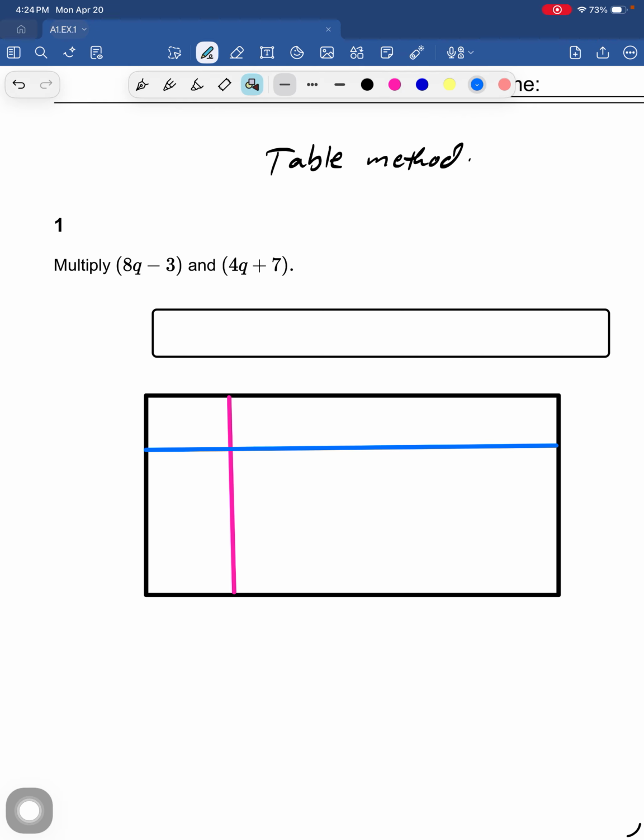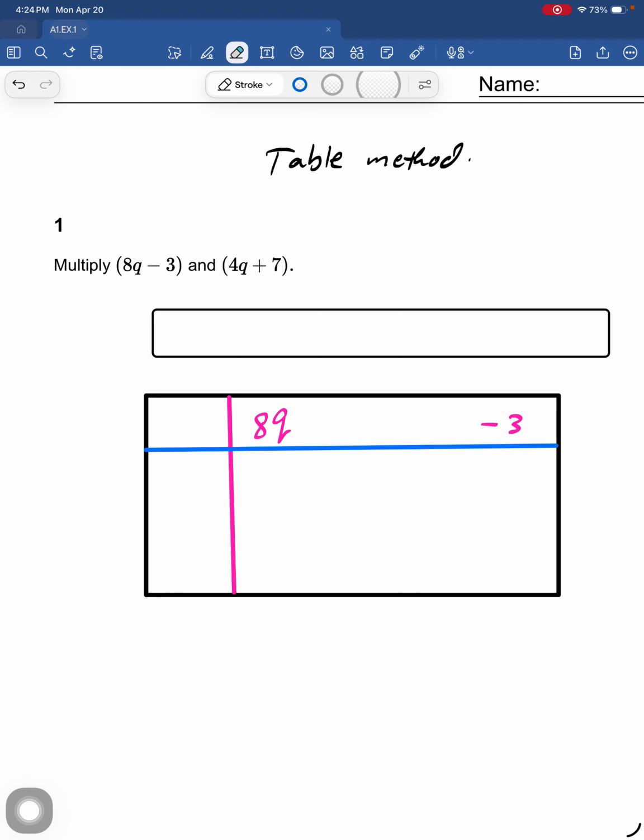As like this, and then we can start with the first term, which is 8q. Write the 8q on this side like this. Okay, then go to the -3, take it down to this side as follows, -3.